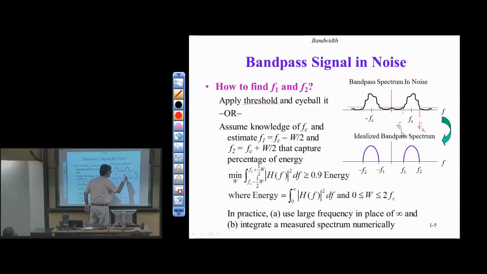And I'll draw a hat to say it's an estimate. Okay, and so now we have an ideal spectrum. We've interpreted this noisy spectrum as ideal just from thresholding. Again, works pretty well in practice, because in the end, this F1 and F2 are estimates. They can have some error in them. It's okay.